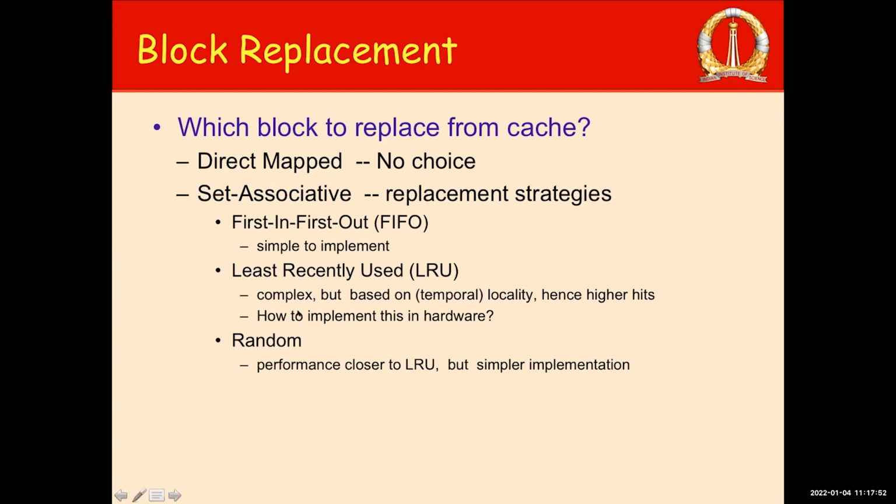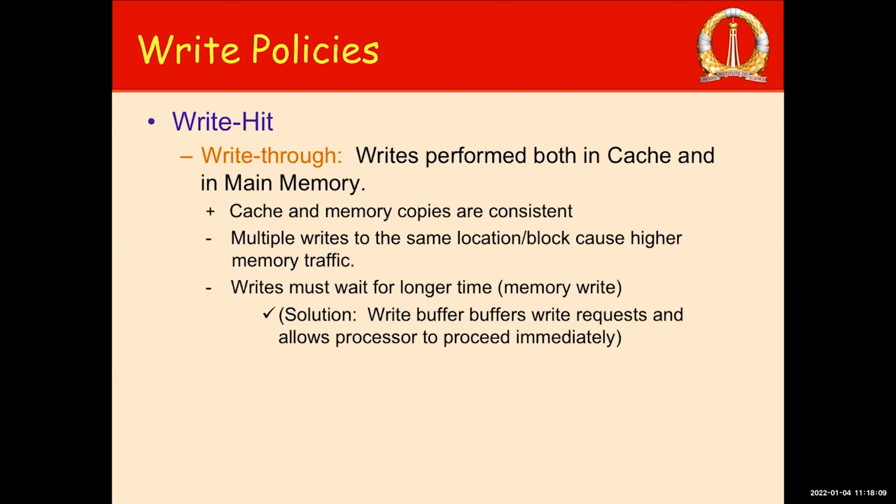Typically, it is the least recently used policy which is used for doing the replacement, particularly for the L1 cache. And to implement the least recently used policy, there are some additional bits which are used. Let's not go into those details now.